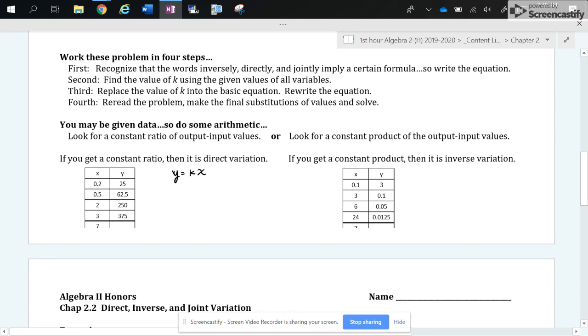If y is equal to K times X, then the constant is equal to y divided by X. So if y divided by X is the same for every single ordered pair, then we have direct variation. So 25 divided by 0.2 would be 5.